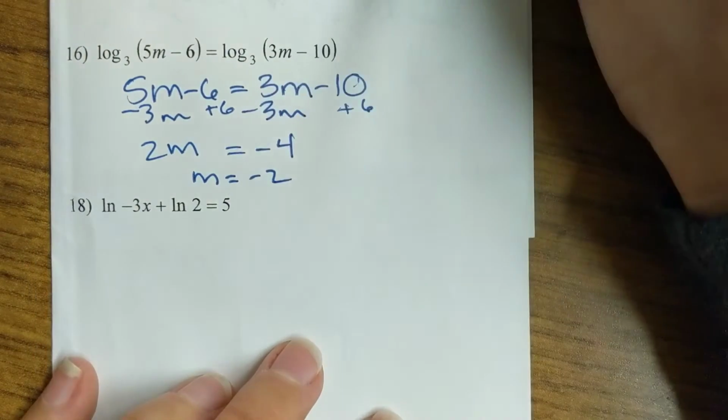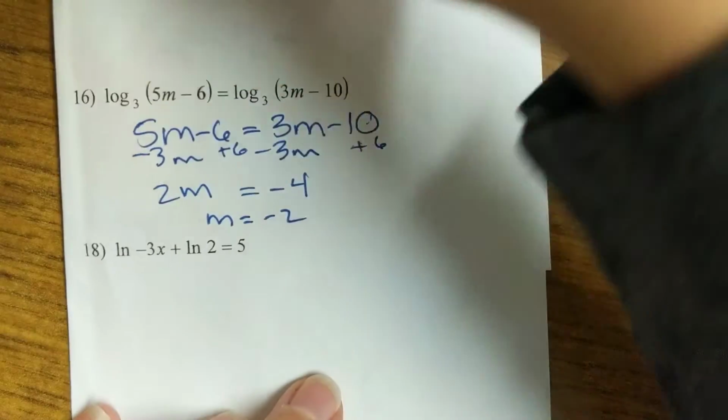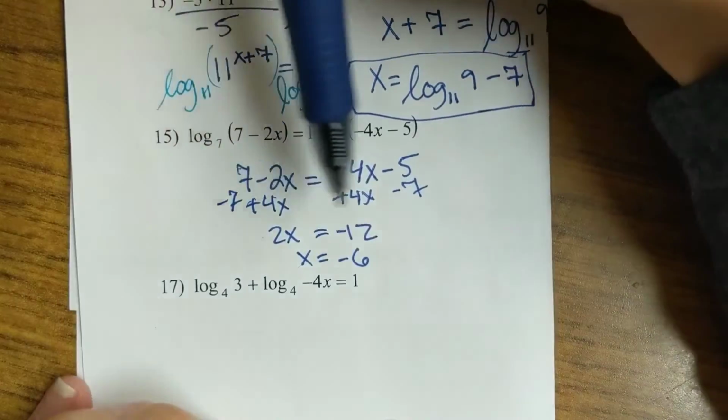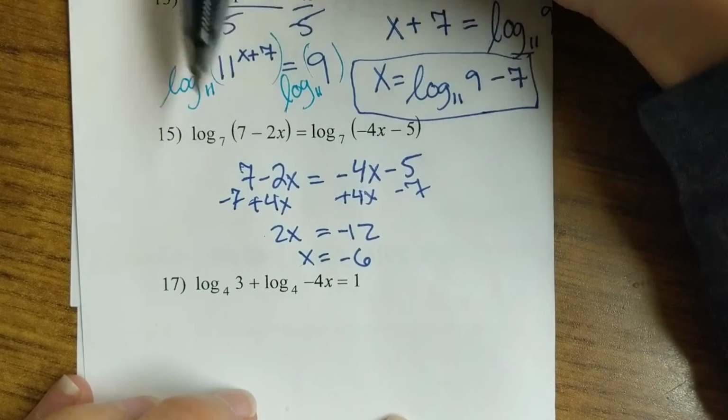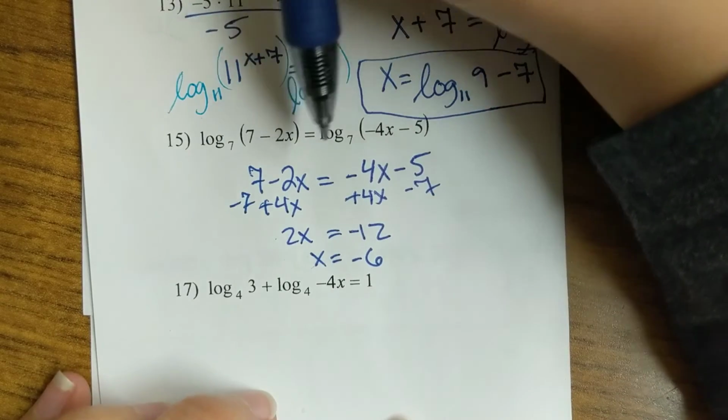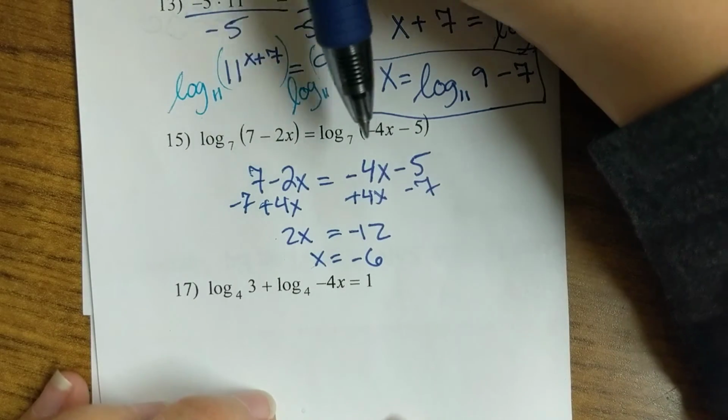Okay, I forgot to do this on number 15, so I want to take a look back at it. We do need to check that negative 6 is truly an option, right? Because you can't take the log of 0 or of a negative.